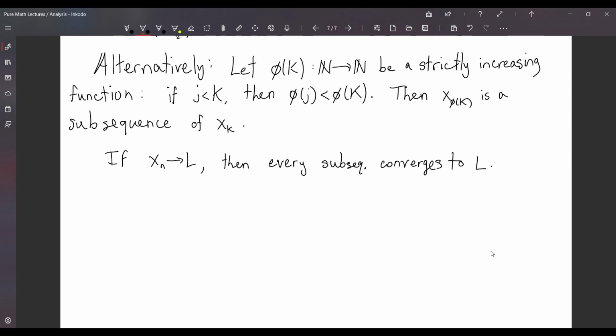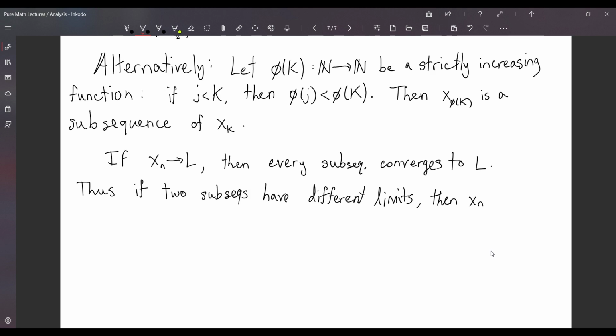And this can often be useful in the reverse direction. Thus, if two subsequences have different limits, or if one of them doesn't converge at all, then x sub n does not converge.